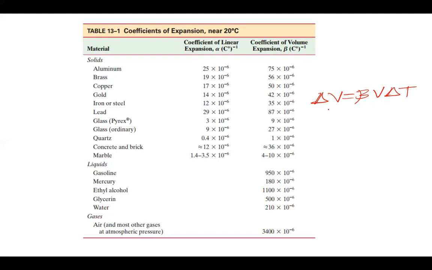The other thing you need to know is that beta will never be given in a question. They'll always give you alpha, and they assume that you know that beta is equal to 3 alpha.